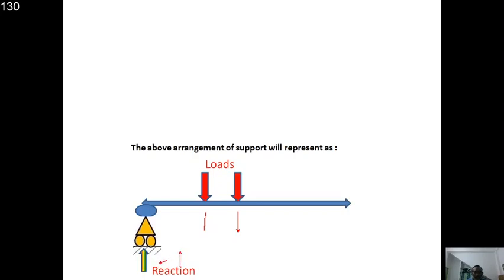So it offers reaction upward, perpendicular to the load transferring element. The load transferring element is in this direction, so it offers perpendicular resistance. But it allows movement in the horizontal direction.